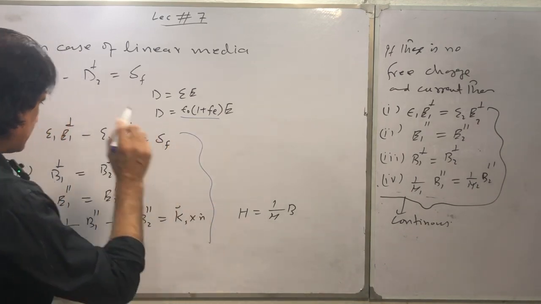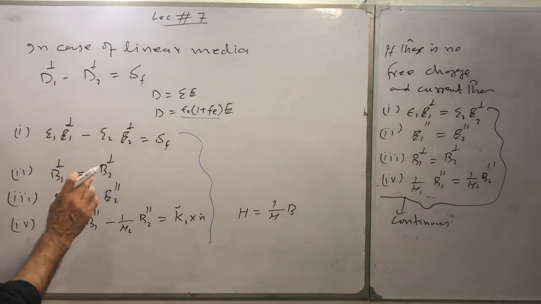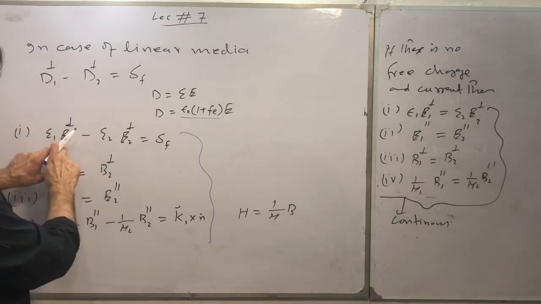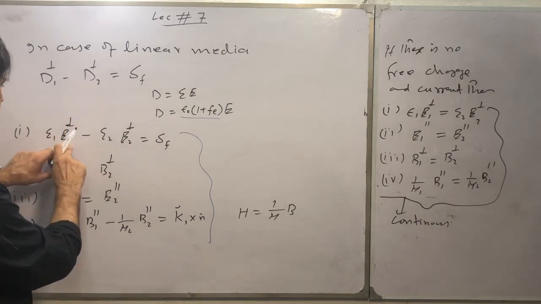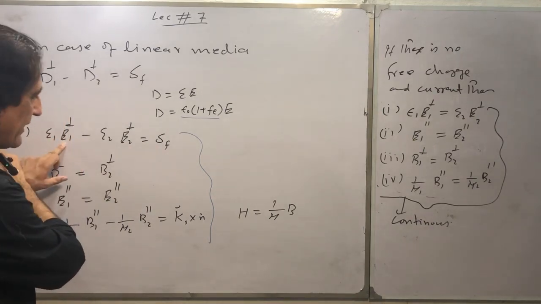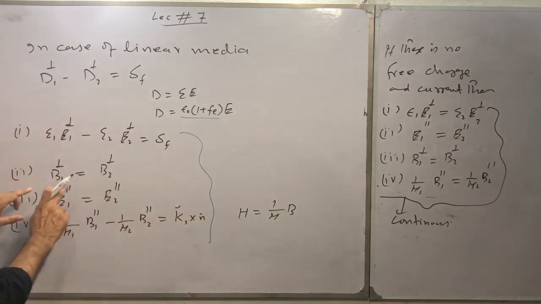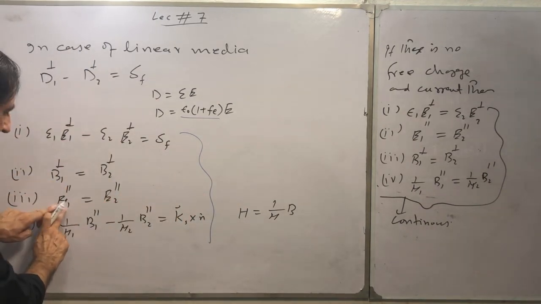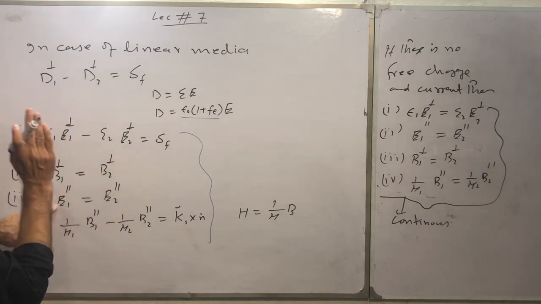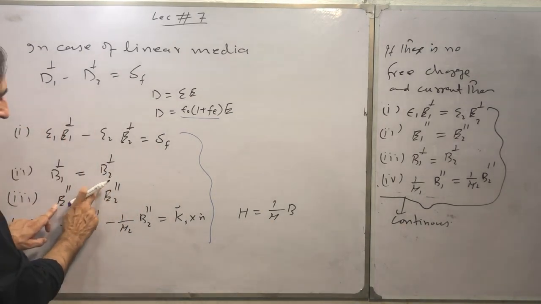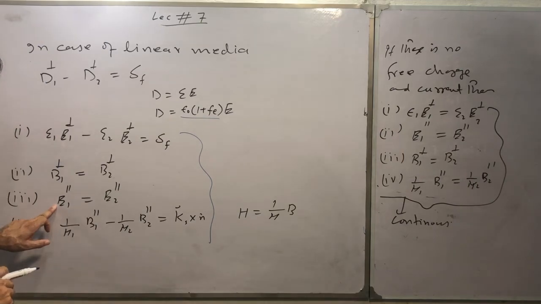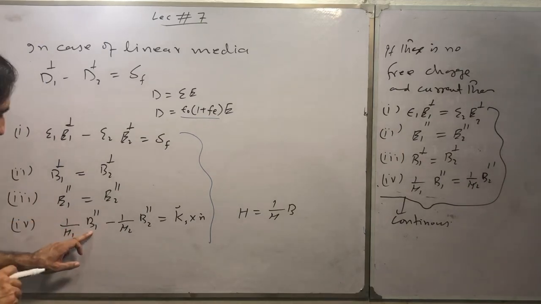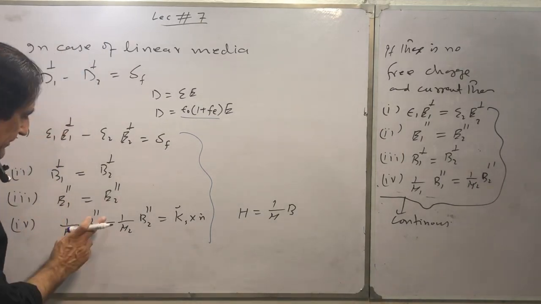So in linear media, the perpendicular electric field will be discontinuous, the magnetic field will be continuous, the parallel component of the electric field will be continuous, and similarly the parallel component of the magnetic field will be discontinuous.